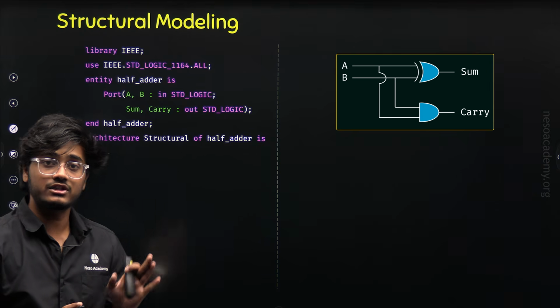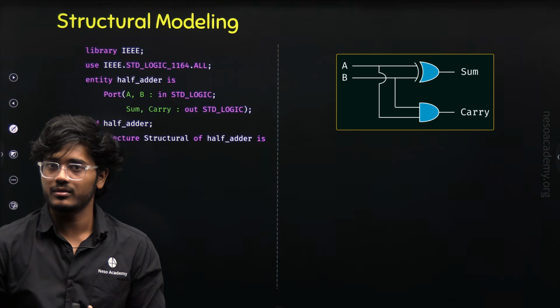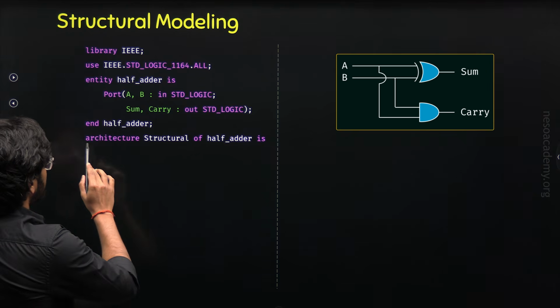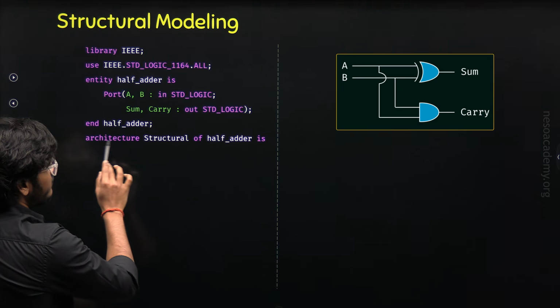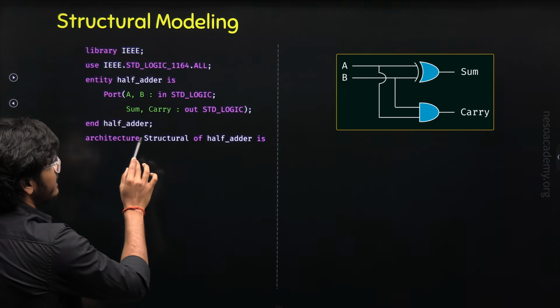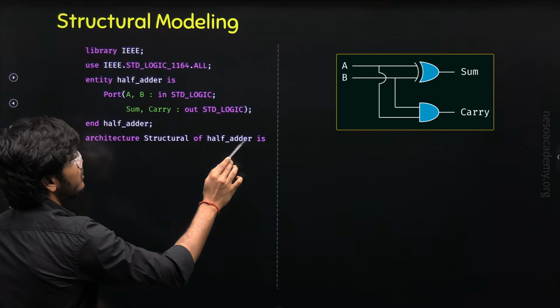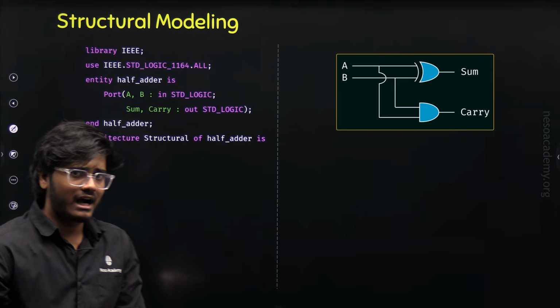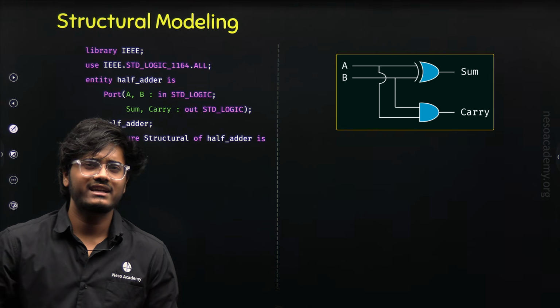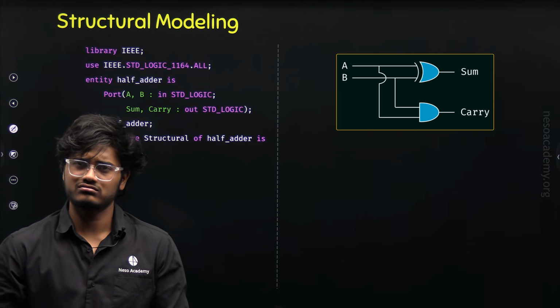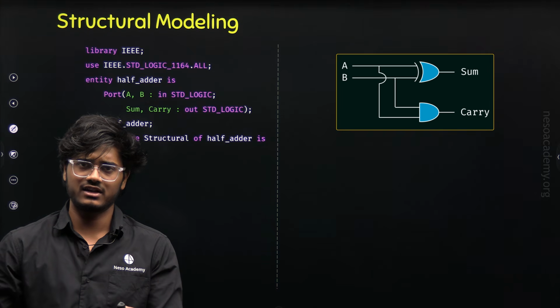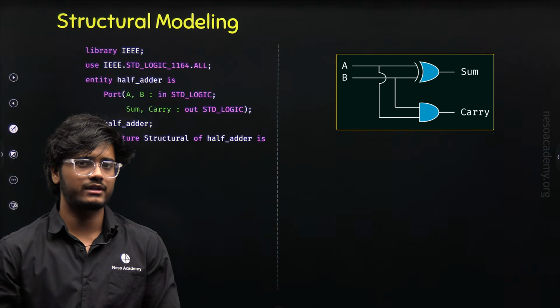Understanding the structural modeling architecture is very important. Here we start the architecture with the keyword architecture, and I am naming this architecture structural of entity half_adder. Inside the architecture, we will not write any Boolean expressions or if-else conditions like in data flow modeling or behavioral modeling.